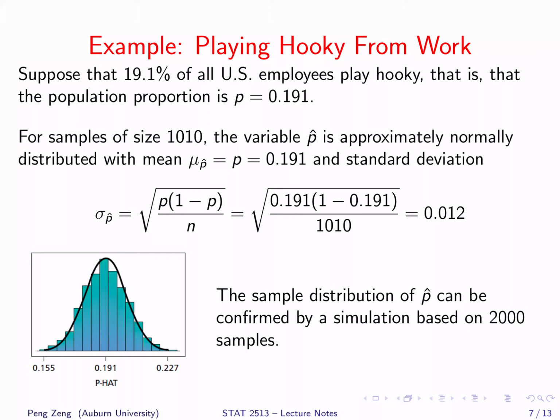The solid line is a normal curve with mean 0.191 and standard deviation 0.012. We can see that the shape of the histogram matches the normal curve, which indicates that the distribution of the sample proportion is indeed a normal distribution with mean 0.191 and standard deviation 0.012.